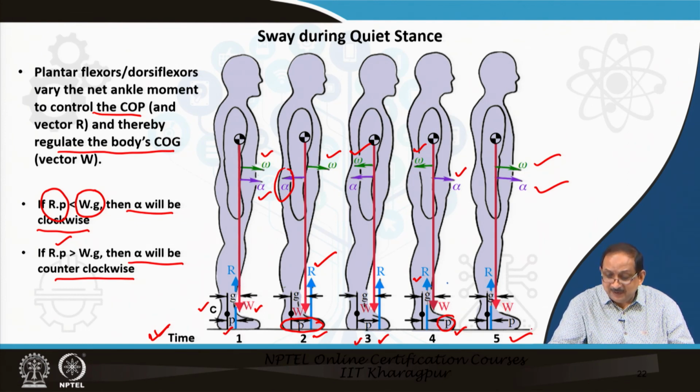So, if you compare time instant 5 with time instant 1, you can see that the direction of the angular velocity and angular acceleration is the same. So, in summary, we can say that the COP and the COG are playing a cat and mouse game.